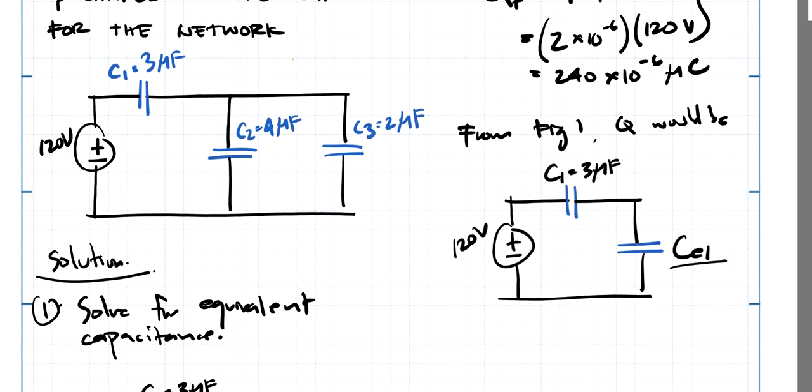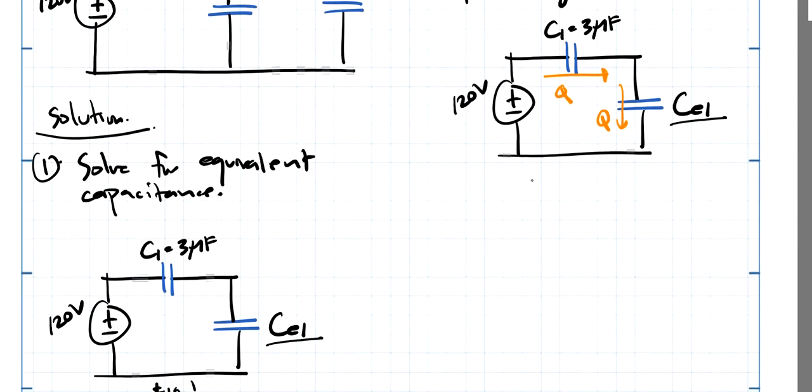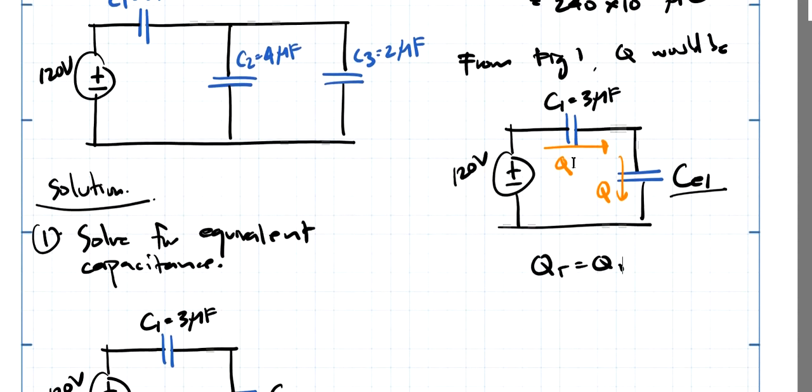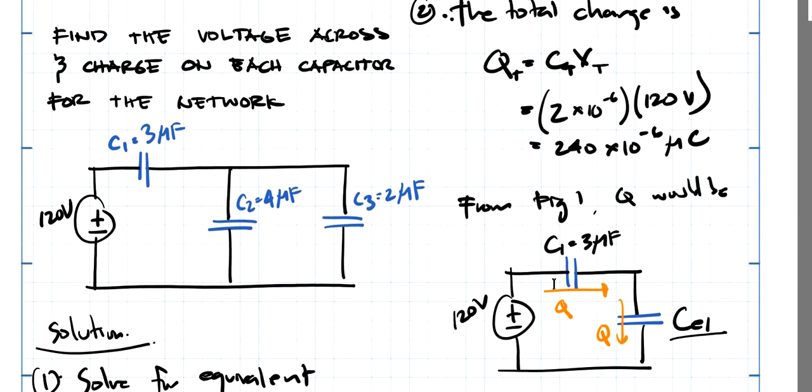Our charge Q is just equal to Q1. So the total Q, let's just write QT, is just equal to Q1. If we have this Q1, we have this C, then we can solve for the voltage drop of this capacitor.